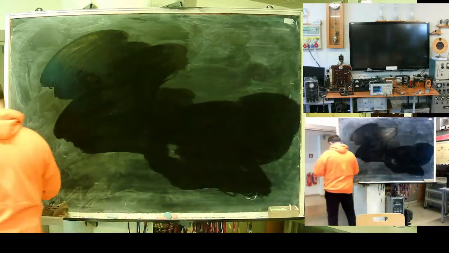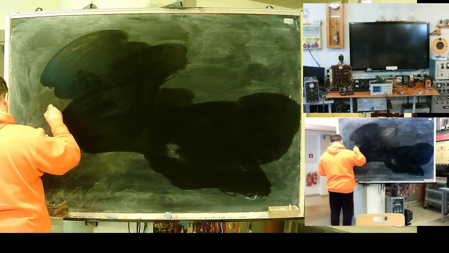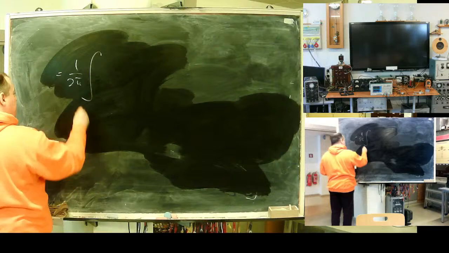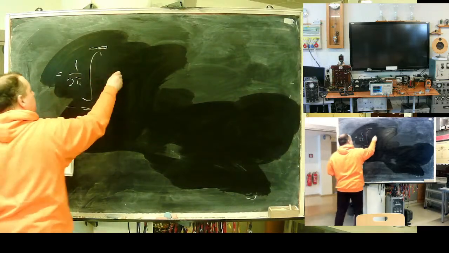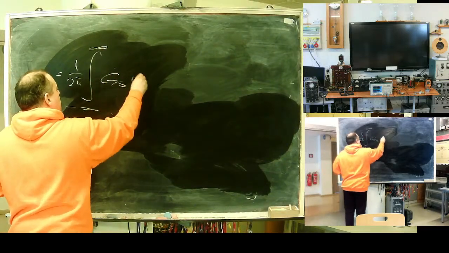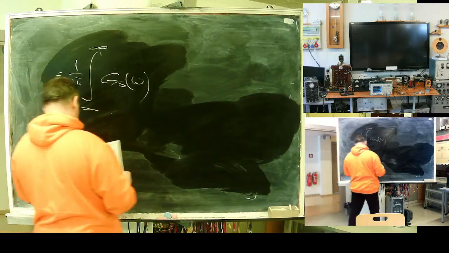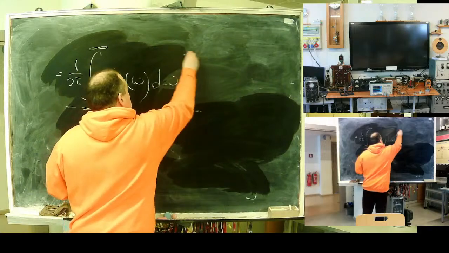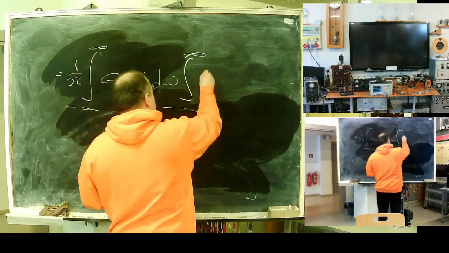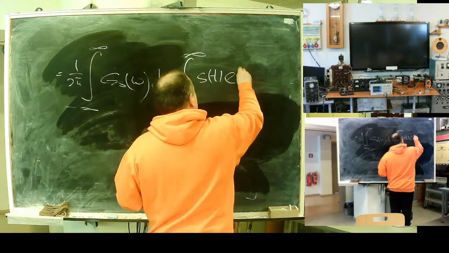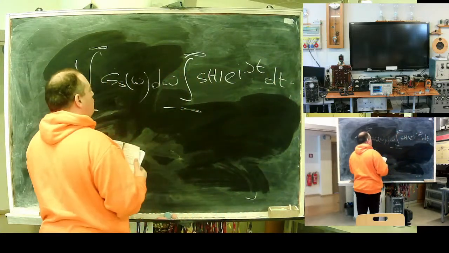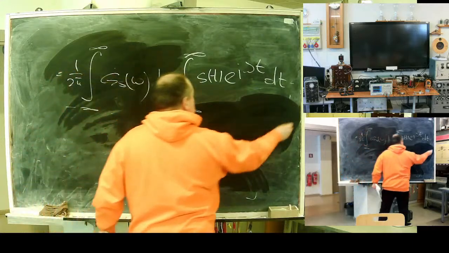I can write it as 1 divided by 2π, integral from minus infinity to infinity of my spectrum function of my signal, times the integral from minus infinity to infinity of the signal times e^(jωt). Yeah, I wrote it. But what did I write? What's this?